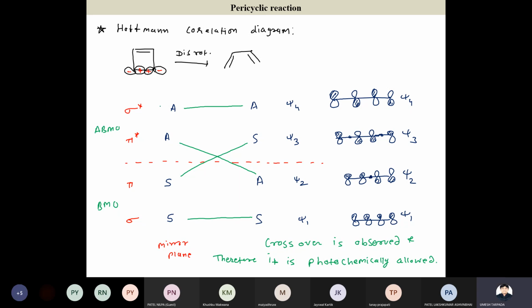So this reaction is allowed photochemically, disrotatory. This is the case for the butadiene system.